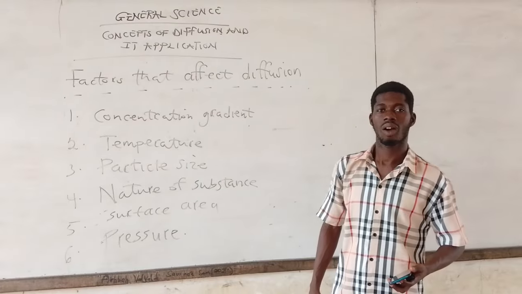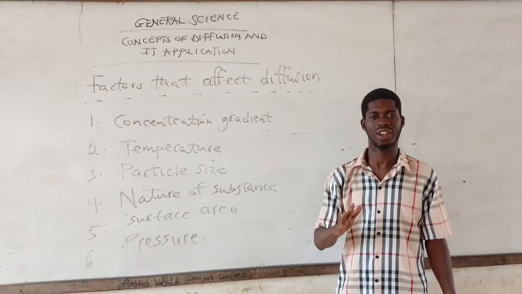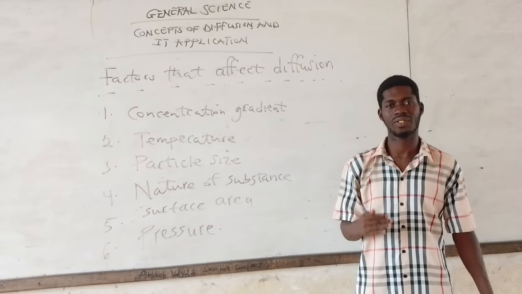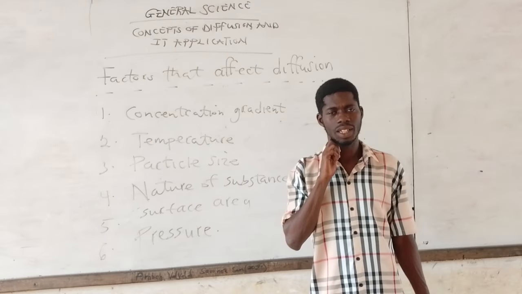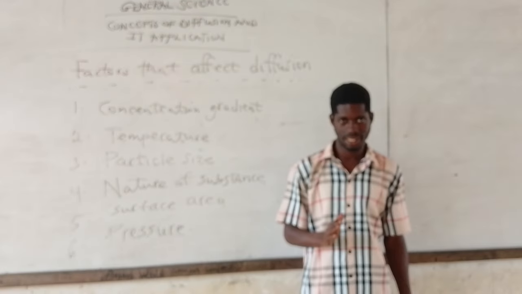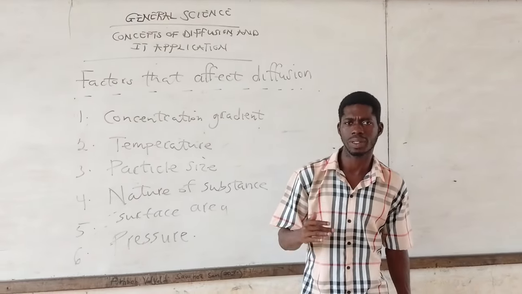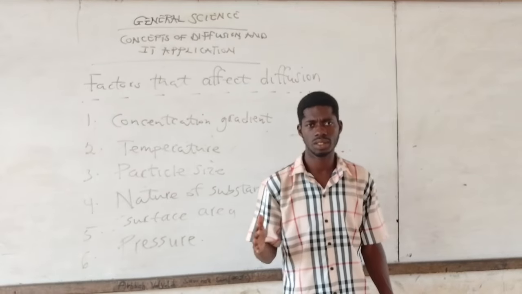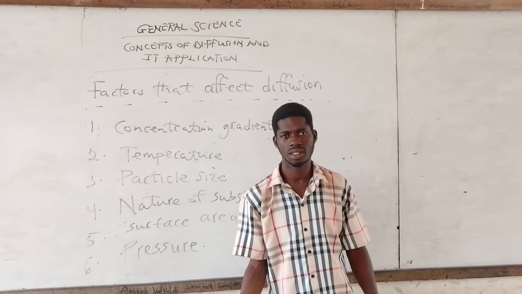Okay, now another factor that affects diffusion is temperature. During the day, maybe when you wake up in the morning, around 6 a.m., you see that there's a goat which is dead in front of your house.